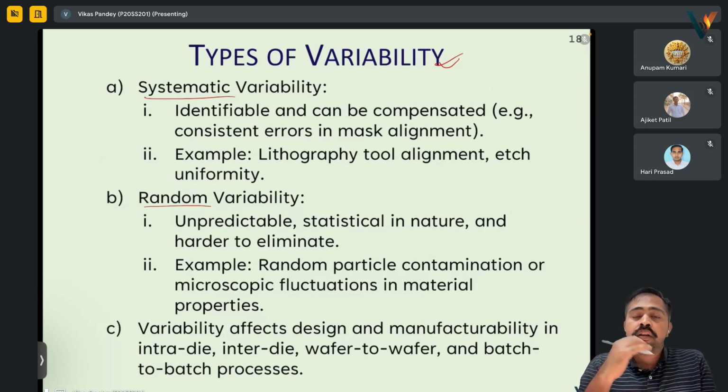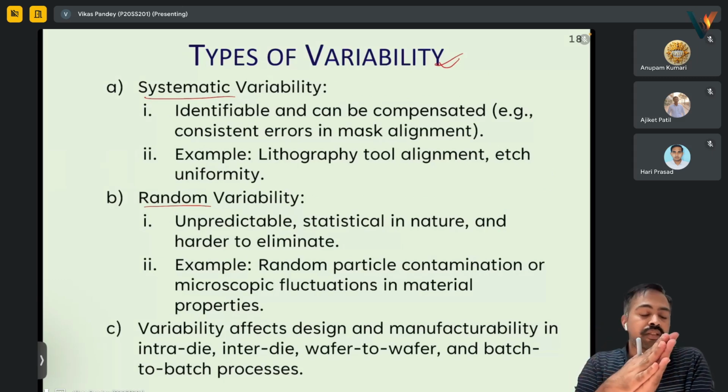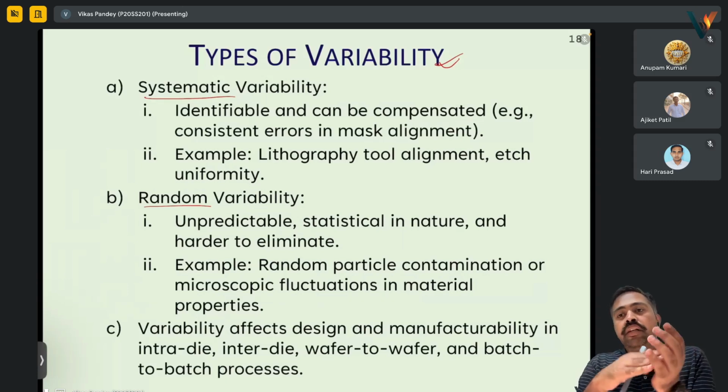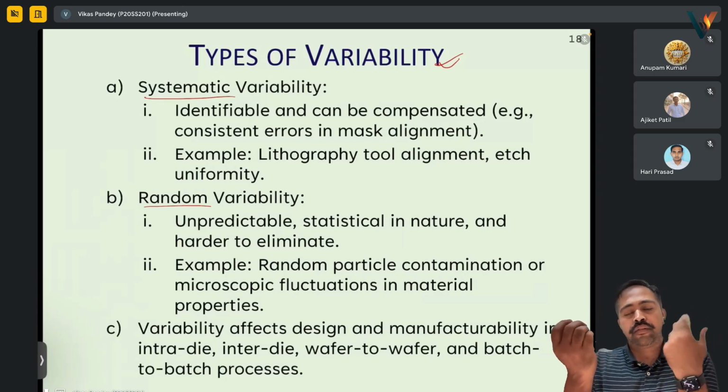Suppose I know that in the mask alignment system I am working with, which uses a proximity system, when we bring the mask and wafer closer, there is always a small displacement in the x and y direction, and every time it is happening.